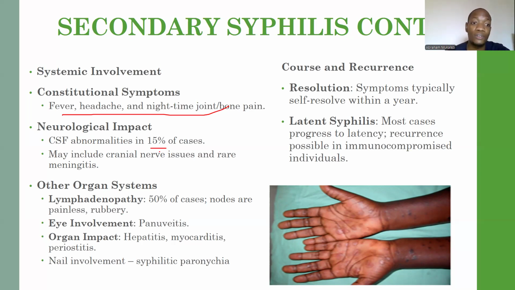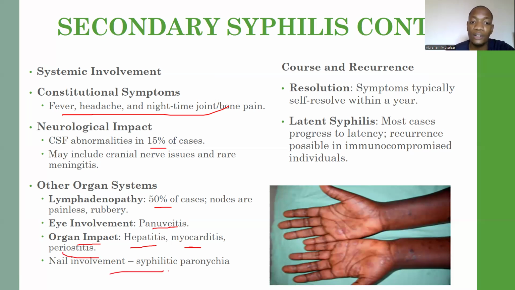So other organs can also be involved, like the lymph nodes, so you can get lymphadenopathy in about 50% of the cases, and in this case, you can have nodes a little bit painless and rubbery, and then you can also get eye involvement, where you get panuveitis, and then you can also get organ impact, where you can get hepatitis, myocarditis, periostitis.